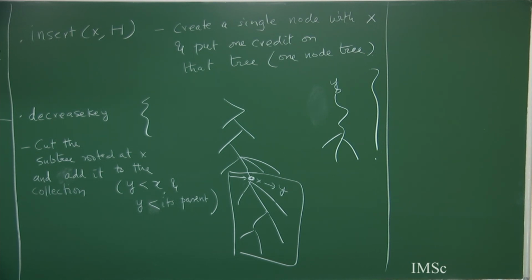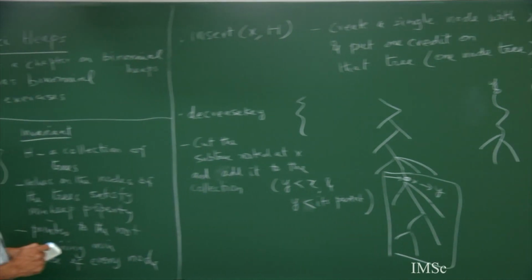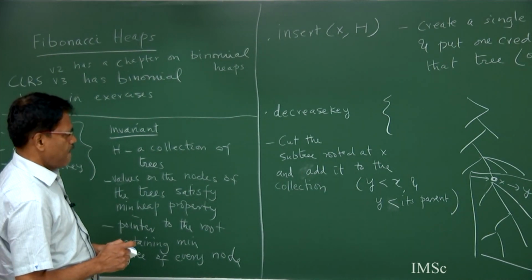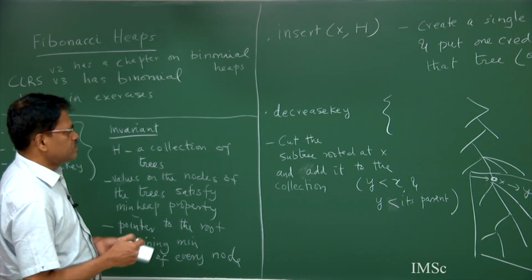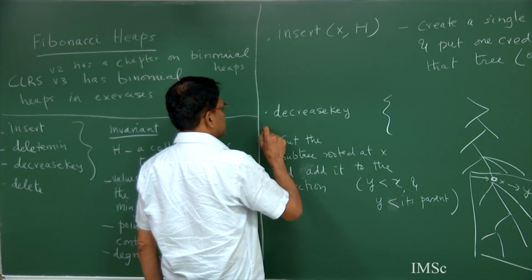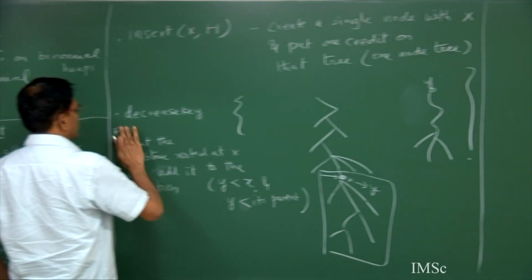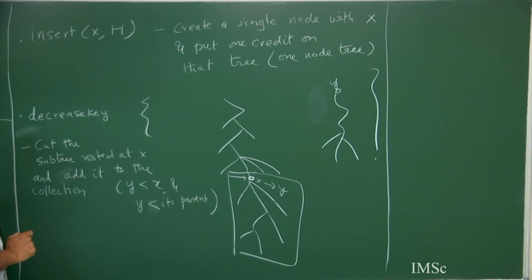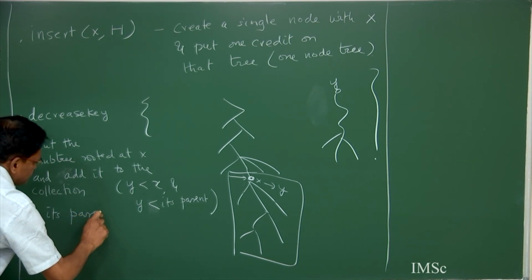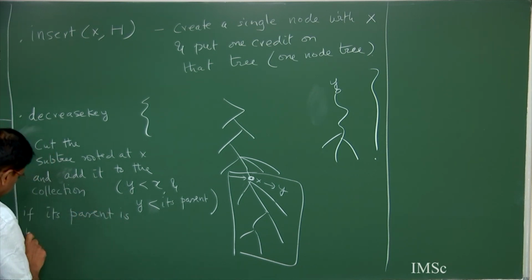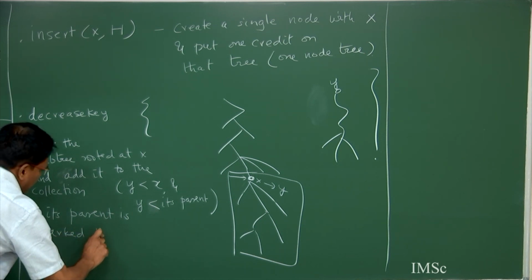So the first time, if its parent is unmarked, mark it and stop.